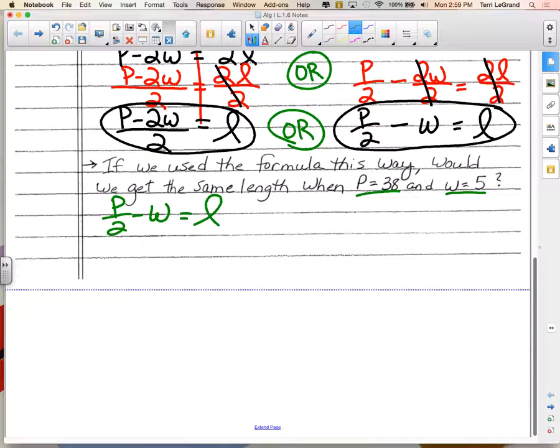What should we get for L? 14. This is the same formula with the 38 in for P and the 5 in for W. It's just in a different format to begin with. So 38 is going in for P, 5 is going in for W, and it should give us our length. Anybody here know what 38 divided by 2 is?